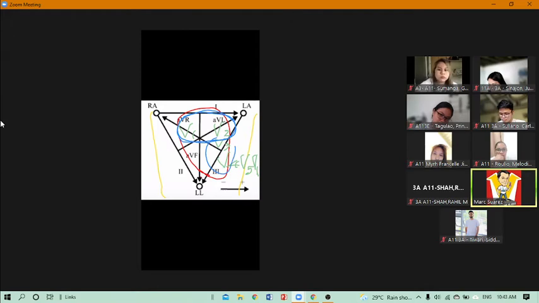V3 and V4 represents majority of the left ventricle, so anterior, right? Behind the left ventricle, rotated posteriorly is the right ventricle.